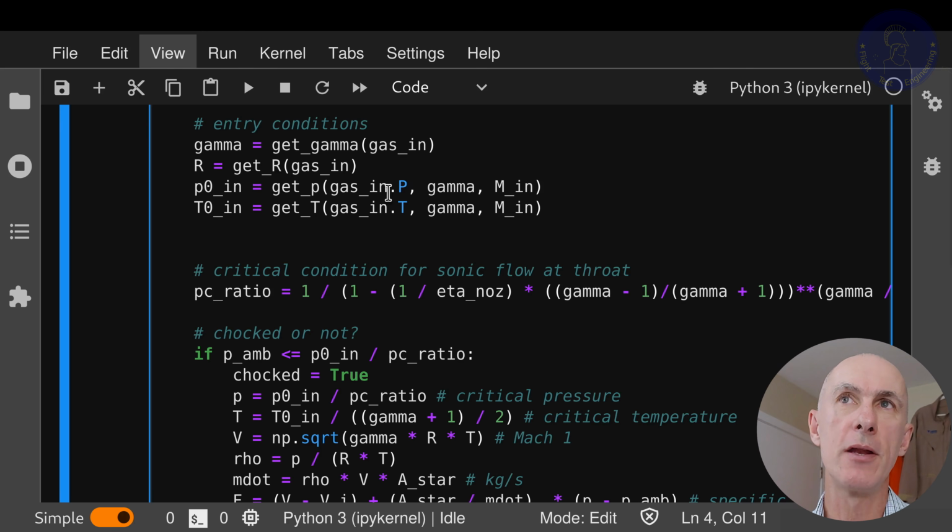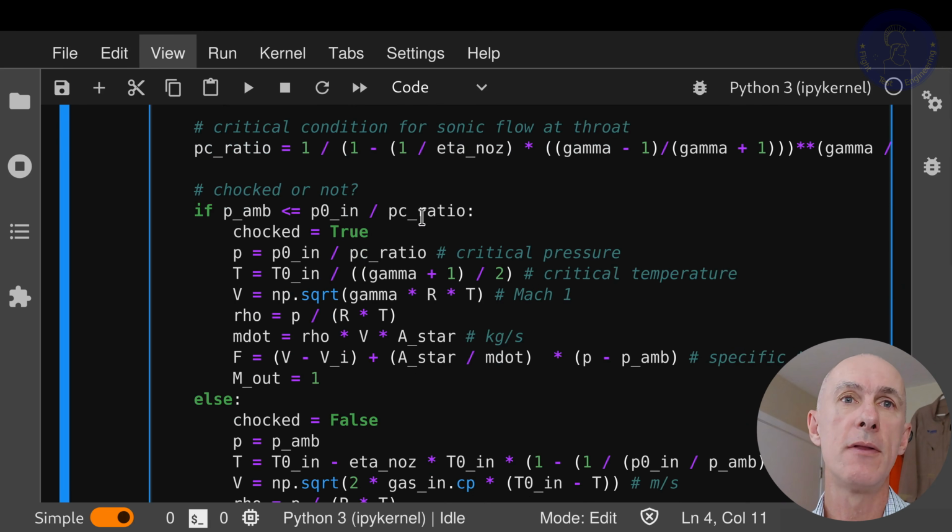We start by calculating the properties for the gas coming in. So we get gamma, the gas constant R, the stagnation pressure and temperatures coming in. Then we get the critical conditions, and since we will need to decide if we have sonic flow or not in the throat, we need to calculate the critical pressure, PC.